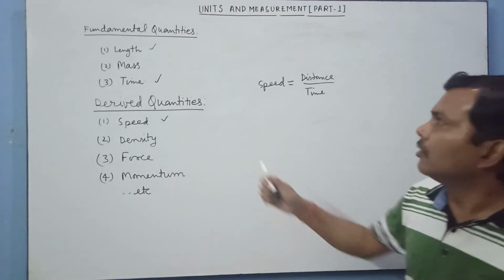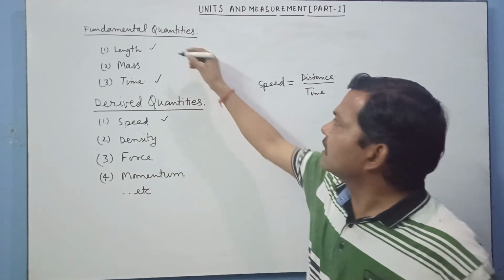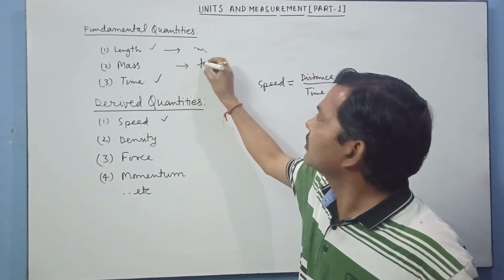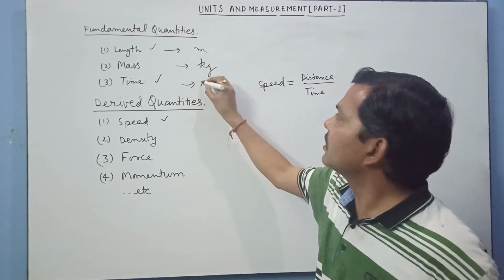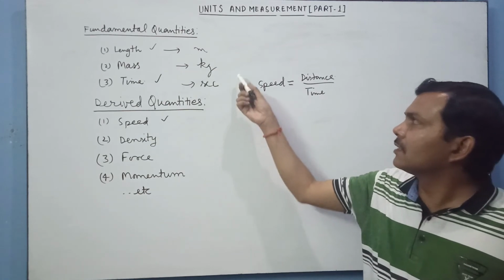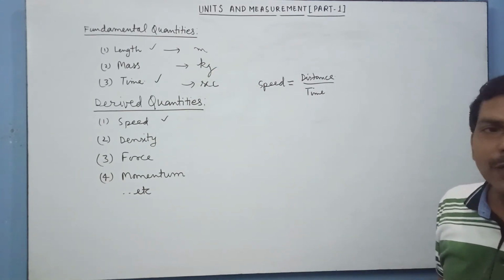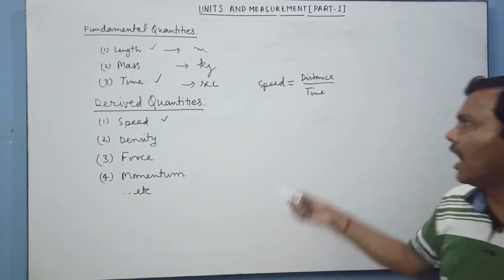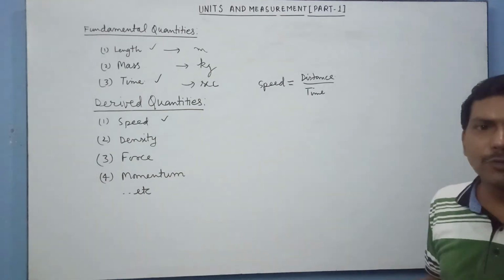Now, the units of these quantities, that is, the unit of length is meter, mass is kilogram and time is second. The units of fundamental quantities are known as fundamental units, and the units of derived quantities are known as derived units.